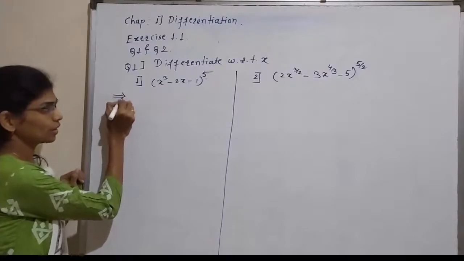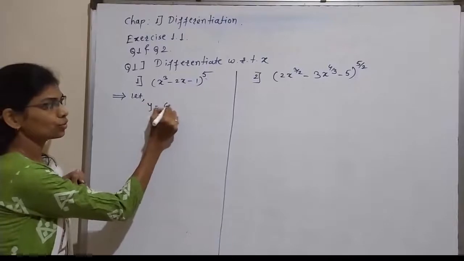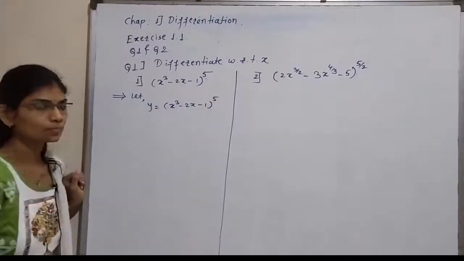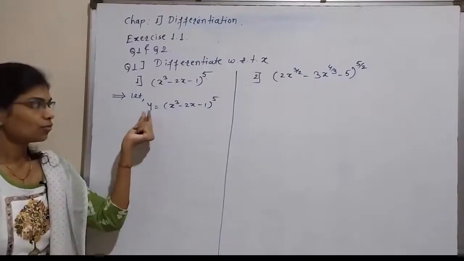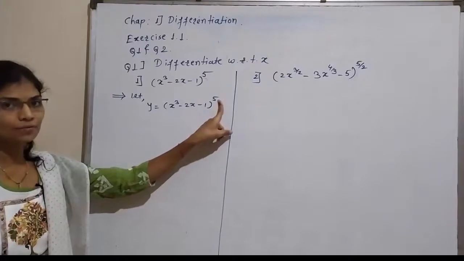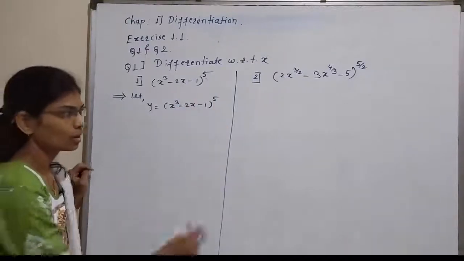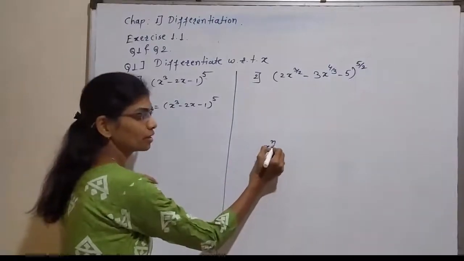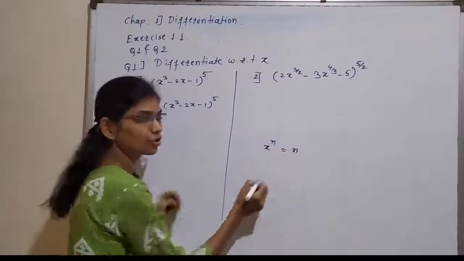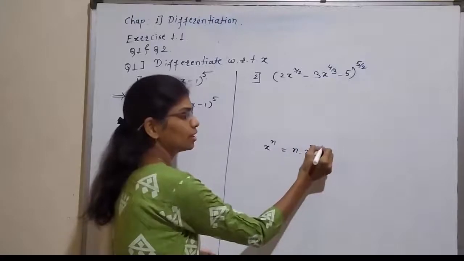For this one, let the function y is equal to (x cube minus 2x minus 1) raised to 5. Here y is a function in variable x, has index 5, and we know the formula for the derivative of x raised to n: the power always in multiplication with x raised to n minus 1.